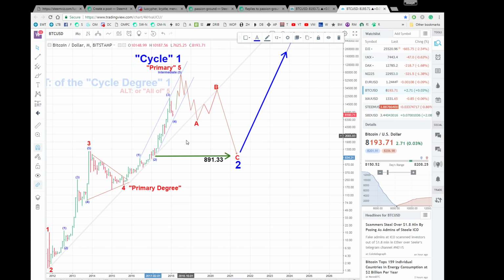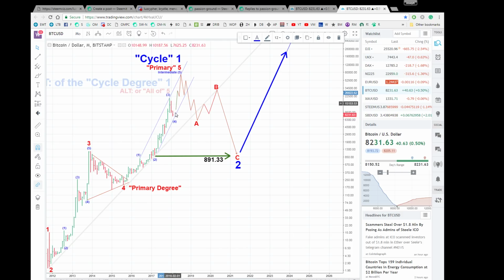But there's also another very bearish possibility. Look up at the highs: this is the high price right here, 19,666. I'm currently marking this as the preferred count of a third wave at intermediate degree.